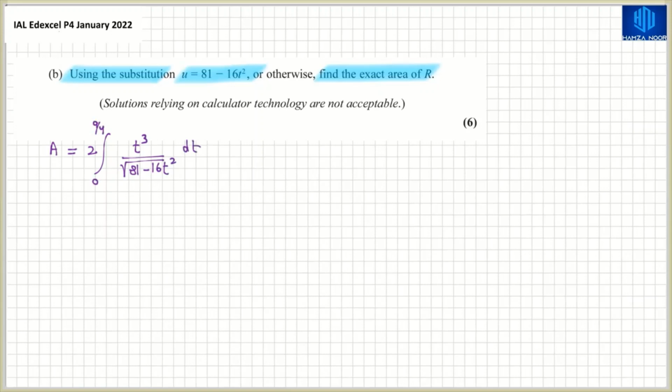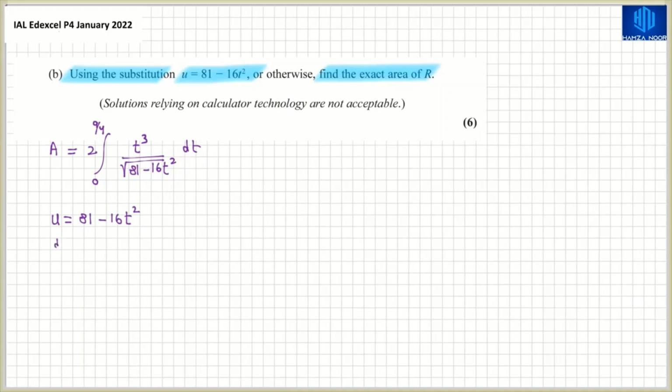Here we have the substitution u equals 81 minus 16t squared. First of all, we are going to differentiate u with respect to t, meaning we will find the du over dt function. And then we will make dt the subject because we need to substitute something in place of dt, because our purpose is to convert this whole integral into the form of u.